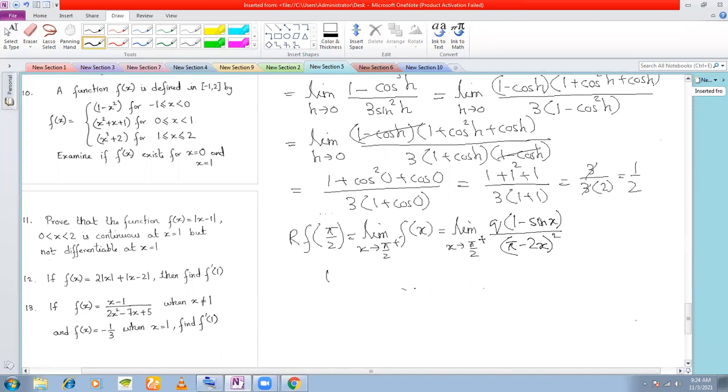Now in order to evaluate this limit, we write x minus pi by 2 is equal to h. That means x is equal to pi by 2 plus h. Therefore, as x tends to pi by 2, h tends to 0.